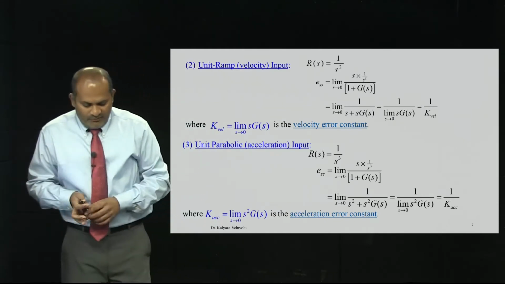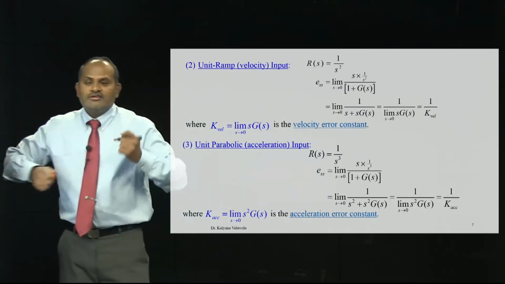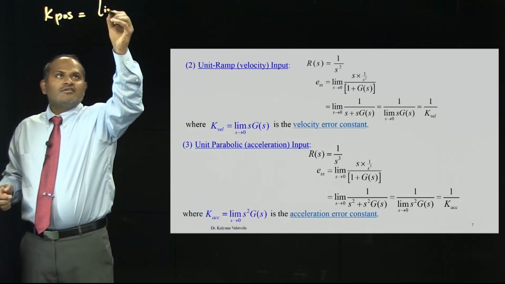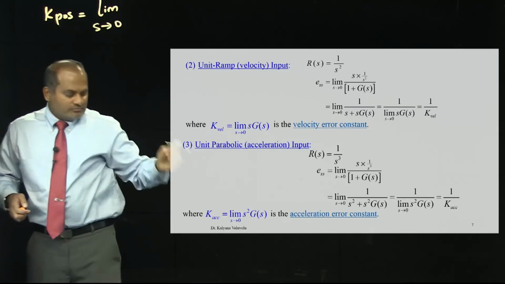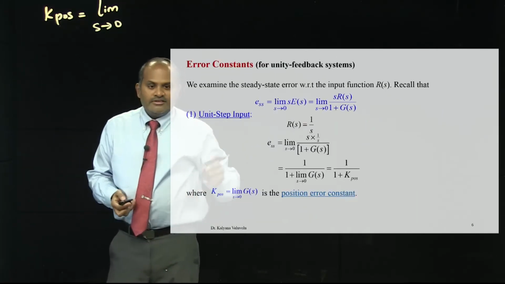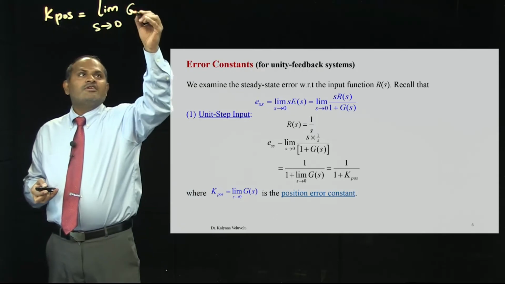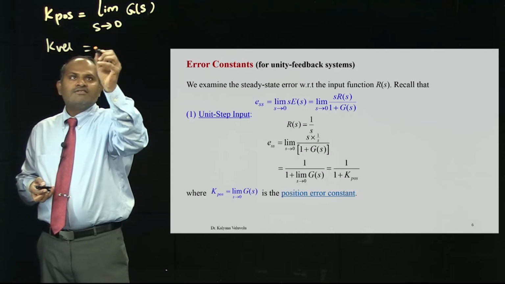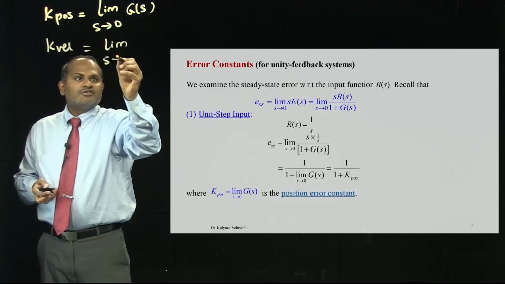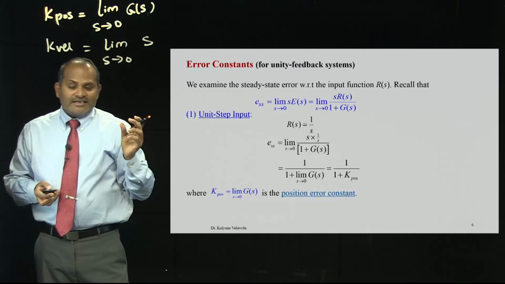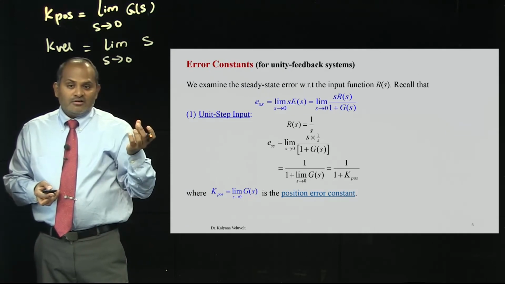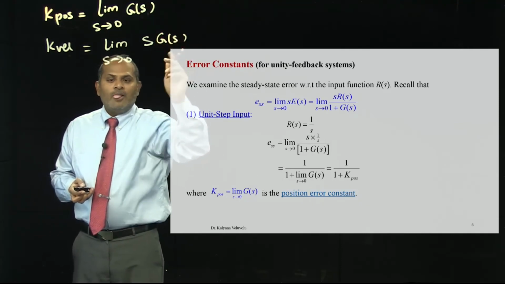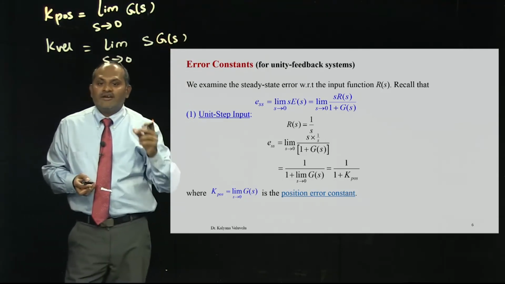There is another way to remember these error constants. k position is limit s tends to 0, g of s. Position, so you do not need any derivative. k velocity is limit s tends to 0, s into g of s. What is s? s is differentiation. Differentiate position, you get velocity. One s in the Laplace domain is a differentiation.